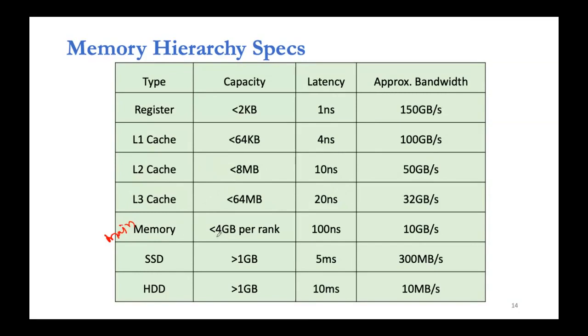In simple computers, the main memory may be like 4 GB per rank, but as the computer requirement increases, it goes from 8 GB to 16 GB to 32 GB.